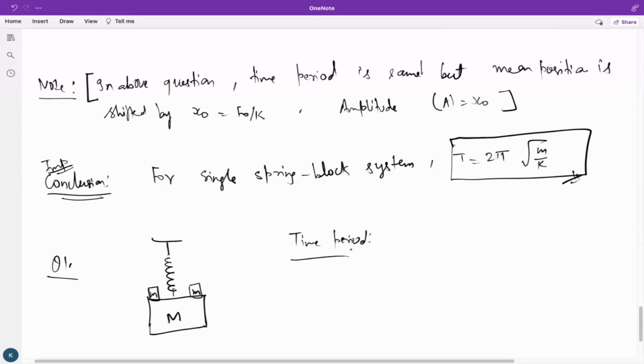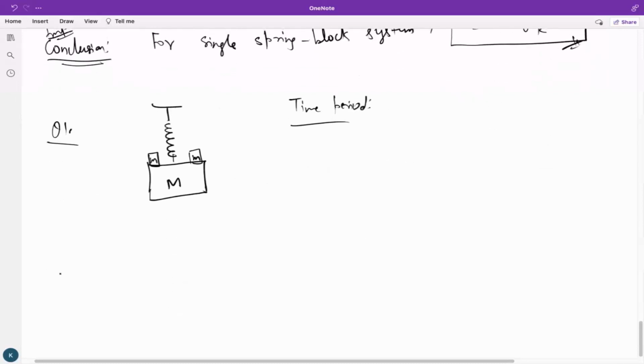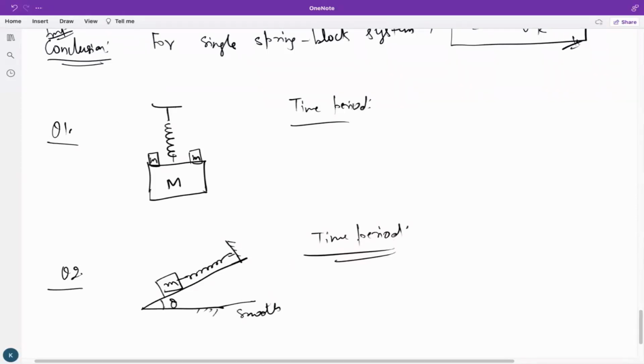And second question, there is a wedge kept at angle theta, and there is a block of mass m, and there is one spring. This is smooth, obviously. You have to find the time period.